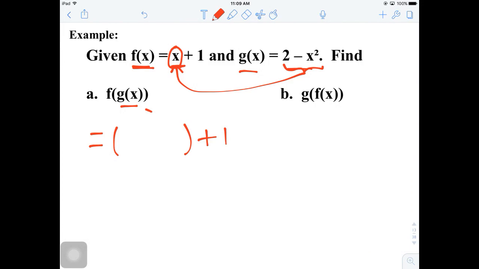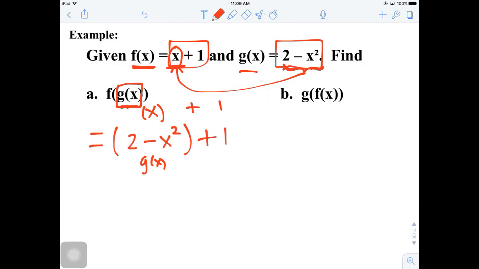You can read this as x plus 1, which is what f of x equals, correct? Next, we're going to enter g of x inside and substitute it in terms of x. Wherever you see x, and that is why I left the parentheses here, we're going to enter g of x. And g of x is equal to 2 minus x squared. So we're going to enter 2 minus x squared. This is f of g of x. We have just substituted g of x into the x for the f of x function.